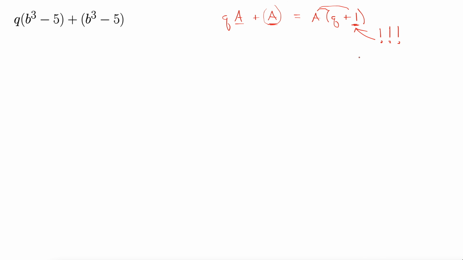So now here we are back to the example. Instead of a, we have b cubed minus 5. That's our GCF. So I'm going to take this whole thing out to the front. When I pull this whole thing out to the front, what do I get? I have b cubed minus 5.